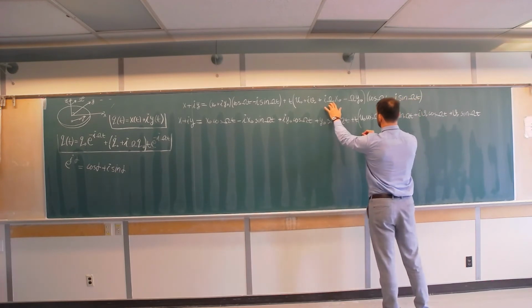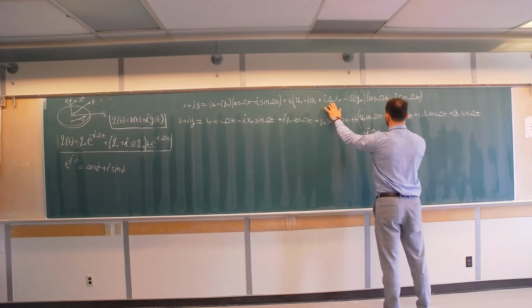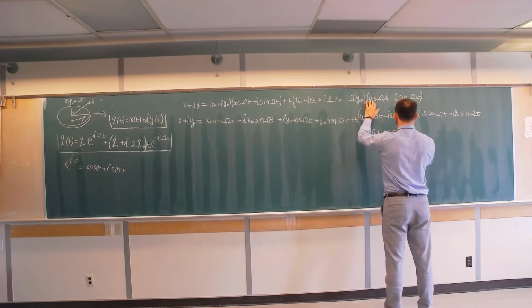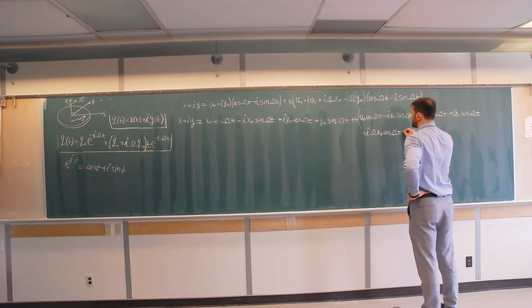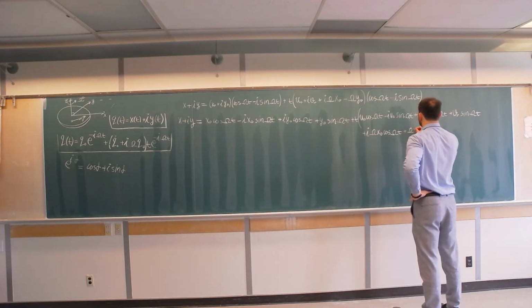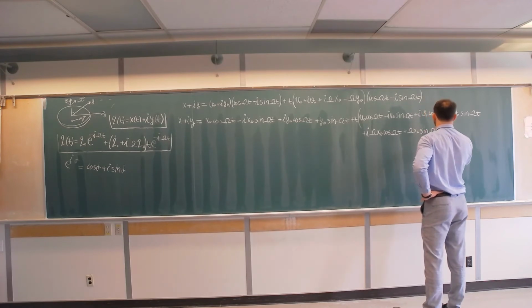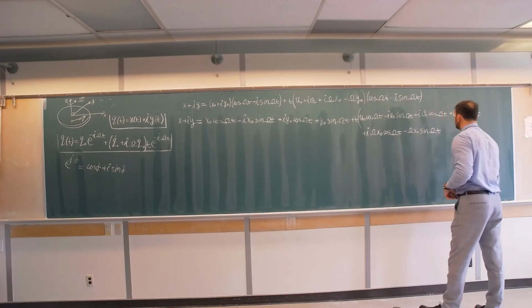That one will be plus i omega x0 cosine omega t plus omega x0 sine omega t. And finally, this one multiplies these two.